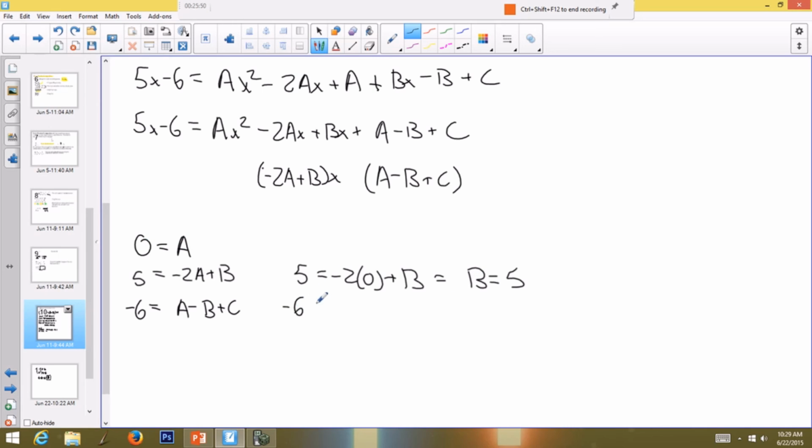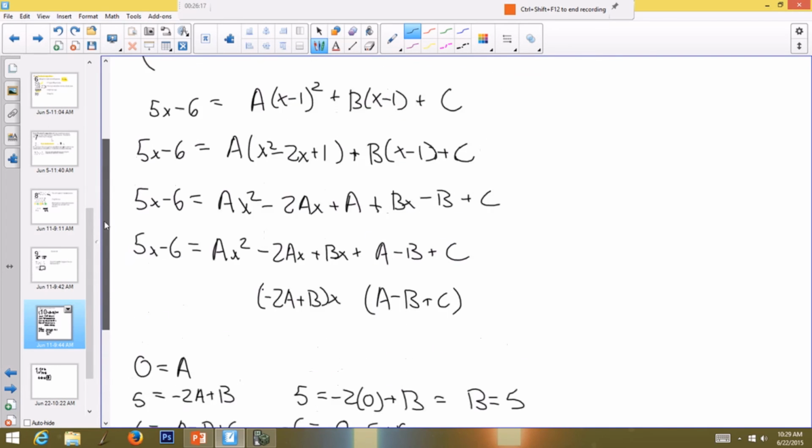So negative 6 has to equal 0 minus 5 plus c. So what plus negative 5 is negative 6? Negative 6 has to equal negative 5 minus 1. So c equals negative 1.